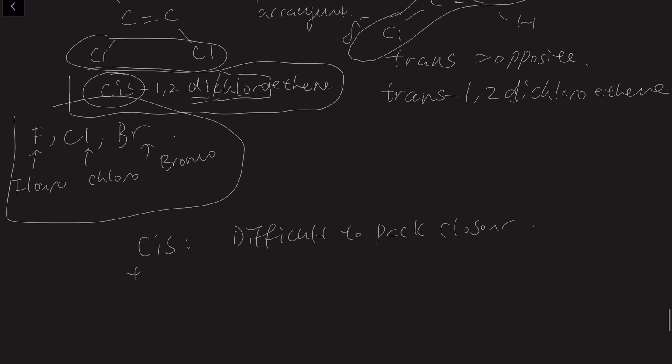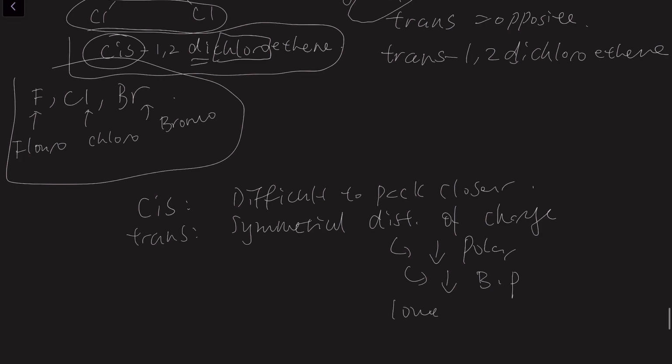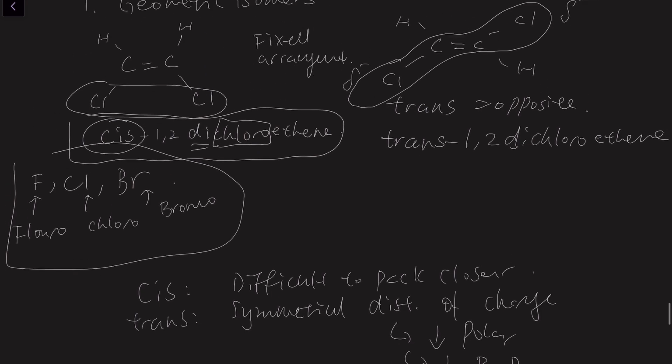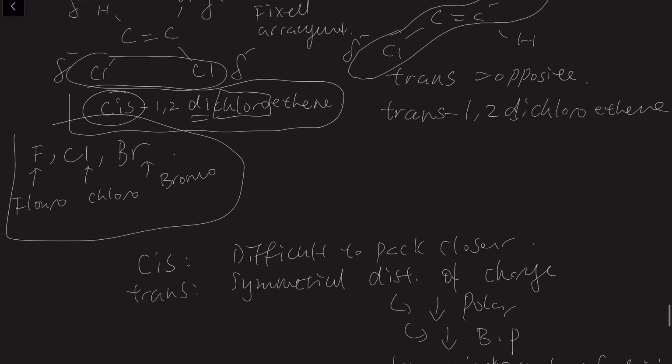So for the trans, you have a symmetrical distribution of charge. So this really makes it less polar and reduces the boiling point due to lower intermolecular force. But for the cis molecule, you can see there's a divergence in charge on both sides. So you get a stronger dipole-dipole interaction.